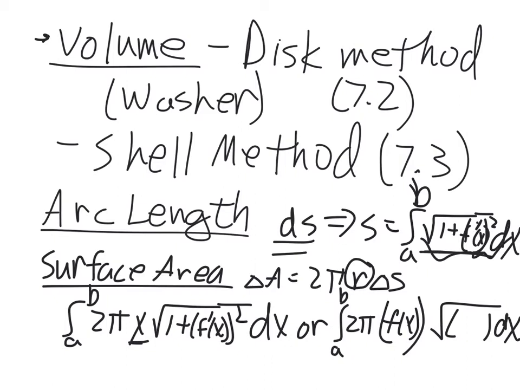And I think most of you probably found these calculated easier as integrals than the arc length did, because that little x on the outside, or f of x, whatever, was taken care of by letting u equal the inside of the square root, and then du would take care of that outside part.